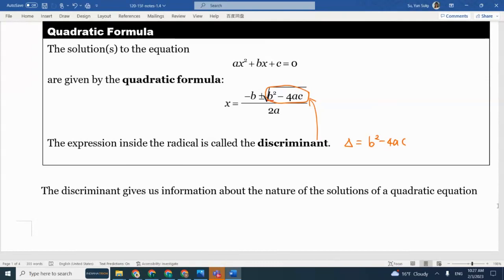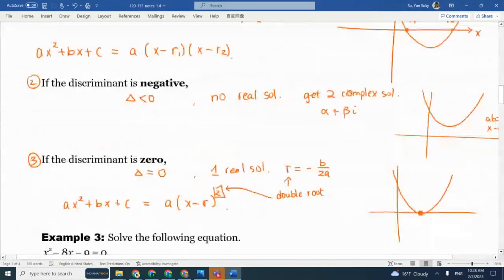Okay, I don't see your mouth open. Okay, again. Negative b plus or minus square root of b squared minus 4ac over 2a. Now close your eyes. Say it. Negative b plus or minus square root b squared minus 4ac. Yes, very good. Okay, you can do it.